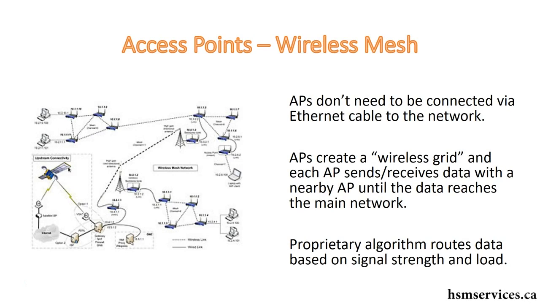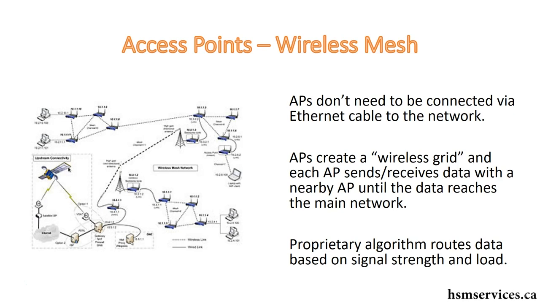So we're going to show you exactly how this works in a minute, but if you can understand it like this, you have a whole bunch of APs everywhere, and they make a grid basically, and each AP sends and receives data with a nearby AP until they reach the main network.